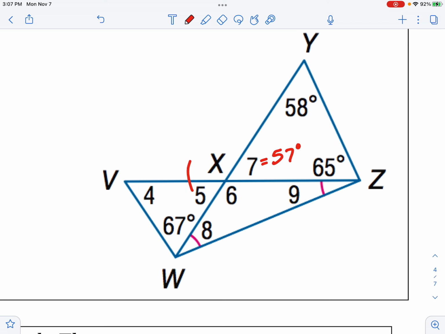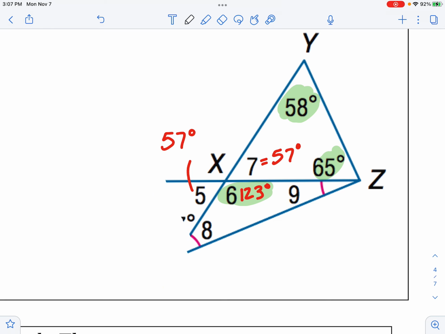Well, if angle 7 is 57, angle 5 must be 57 degrees. And then I can do some linear pairs. So that has to be 123 degrees. Now let's check that out. 123 degrees. Your two remote interior angles. Let me get rid of some of this extra stuff over here.